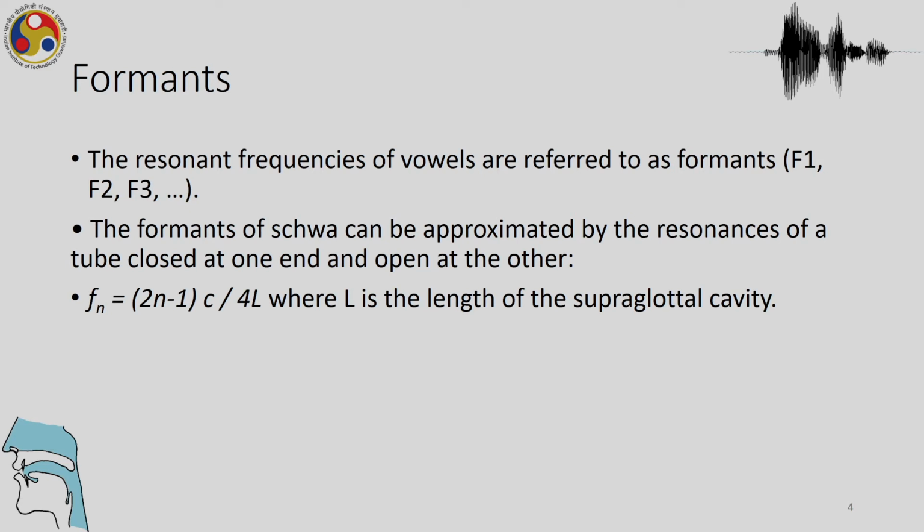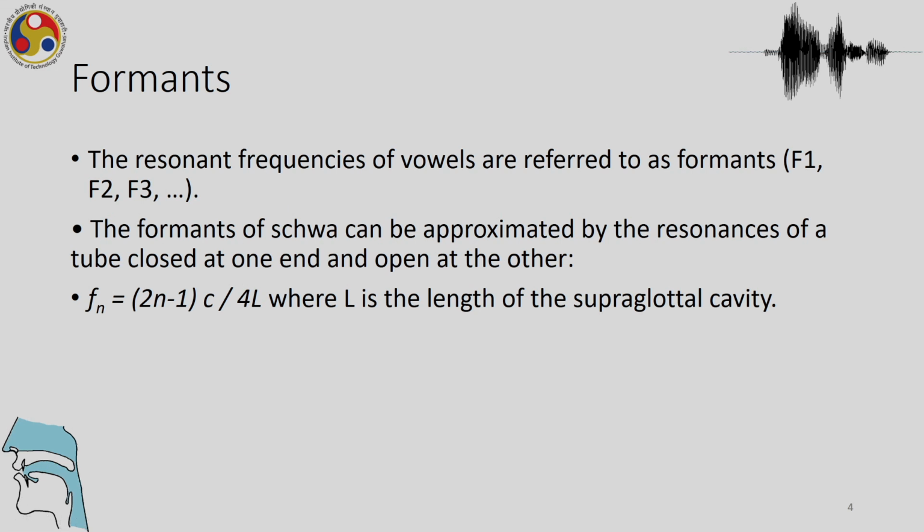We also know that the resonant frequencies of vowels are referred to as formants, F1, F2, F3 and so on, where F1 and F2 are generally considered the most important for the quantification, or finding out the most relevant formant frequencies, of vowels.